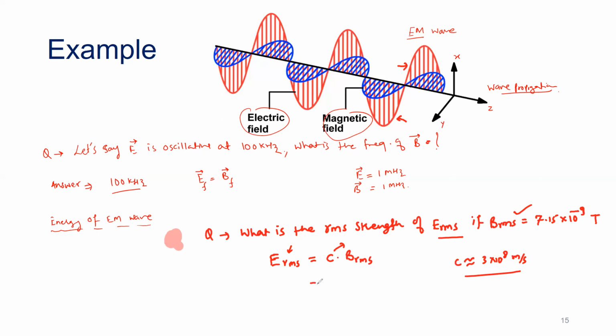So we can easily calculate that. We just plug in these values, 3 into 10 to the power 8 meters per second multiplied by 7.15 into 10 to the power minus 9 Tesla.